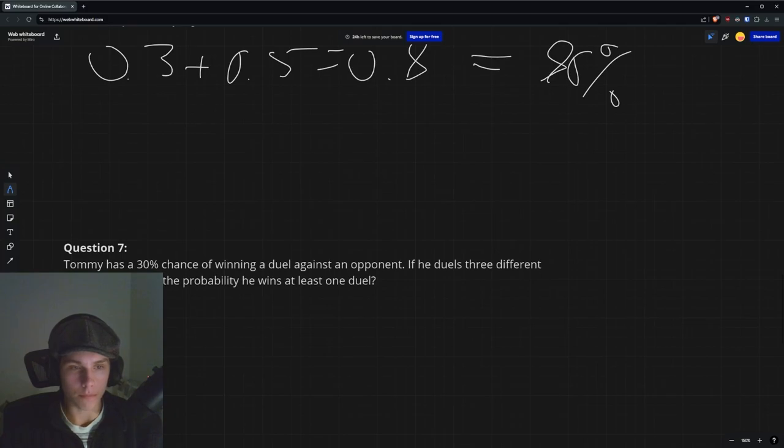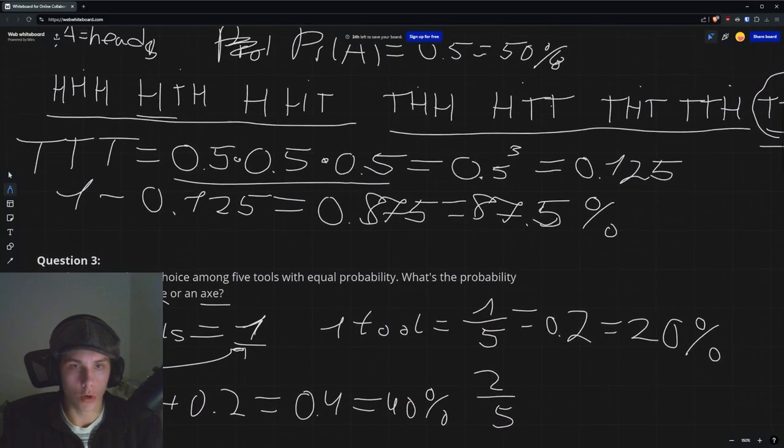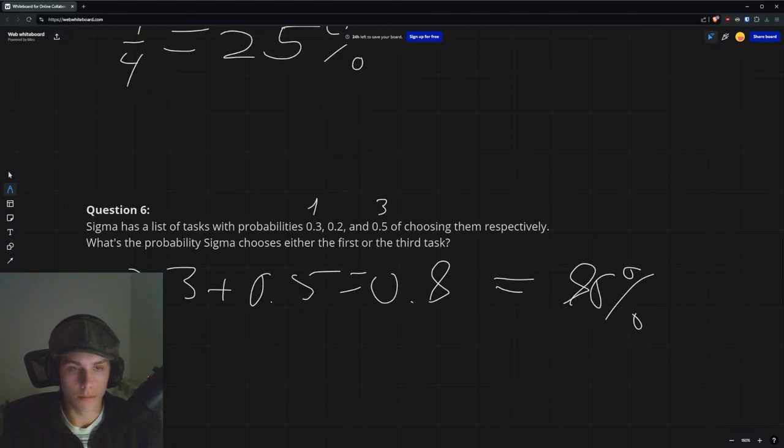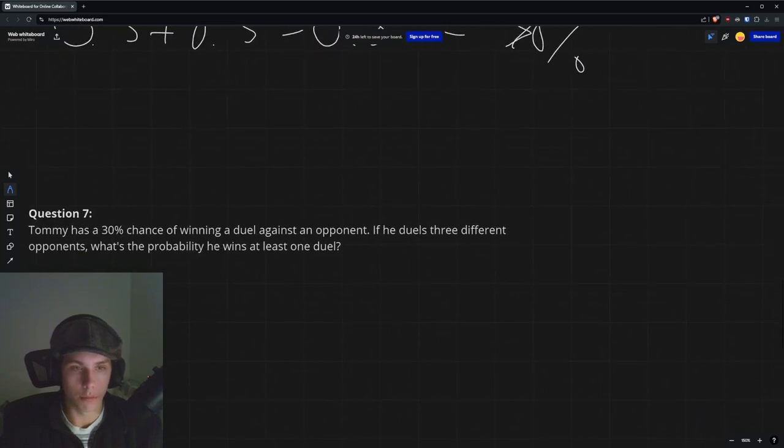Question 7. Tommy has a 30% chance of winning a duel against an opponent. If he duels 3 different opponents, what's the probability he wins at least 1 duel? So this is similar to the coin question, except this time it's not a 50% chance.